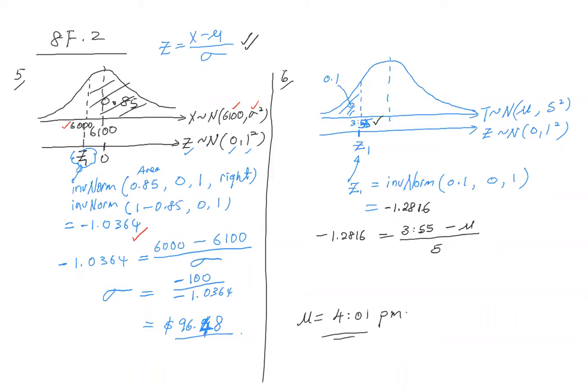So that means your mean will be 3 hours 55 minutes plus 1.2816 times 5. So you got 6.408 minutes. So you add this minute to here. So you got 4:01 p.m. You get me?